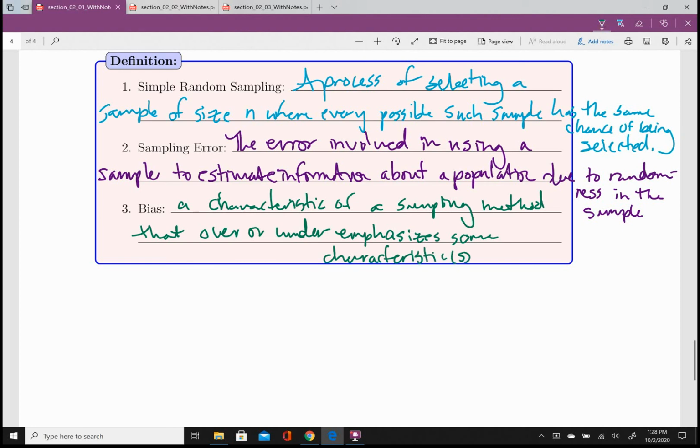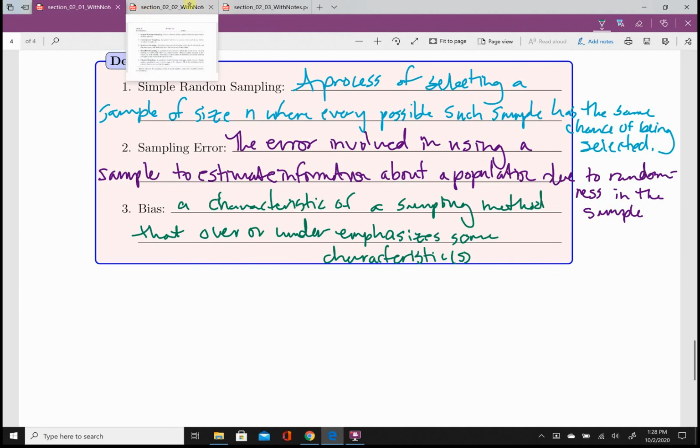Okay, in the next section, we're going to get deep into very specific types of sampling methods, and we're going to have an example of each presented. Hopefully we'll have a full understanding of each sampling method, since it's defined on the sheet itself. We'll be able to identify these different sampling methods in the examples presented.